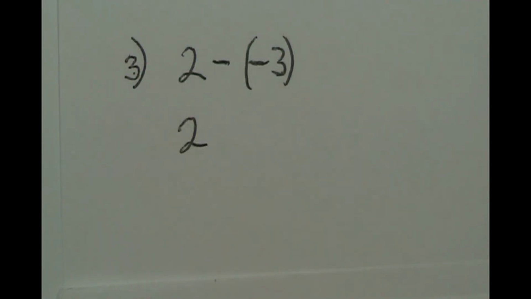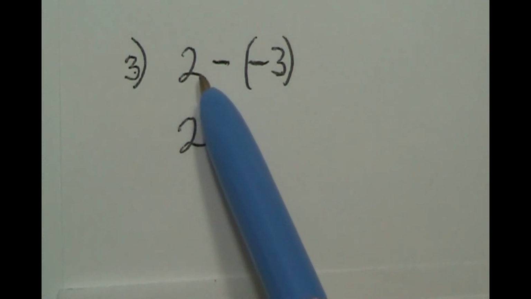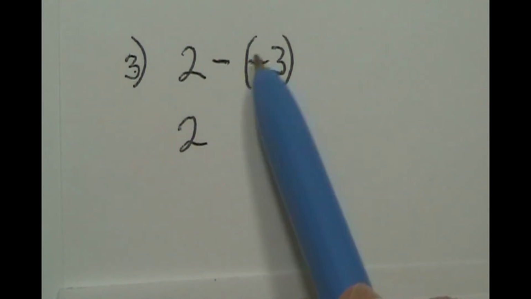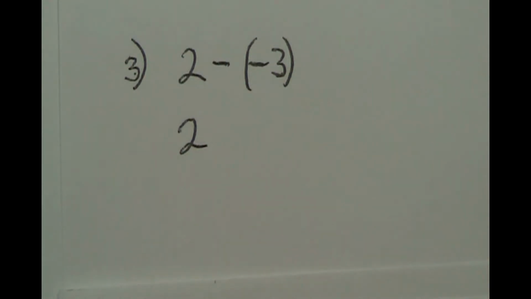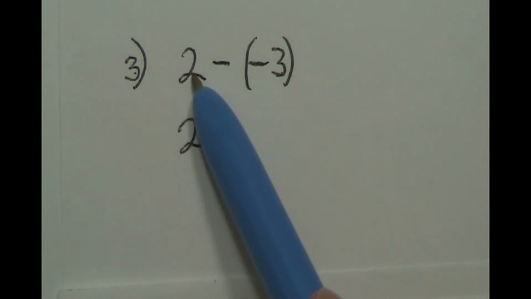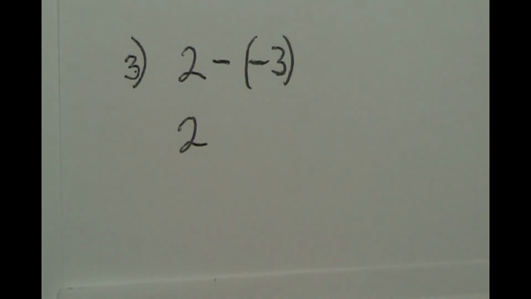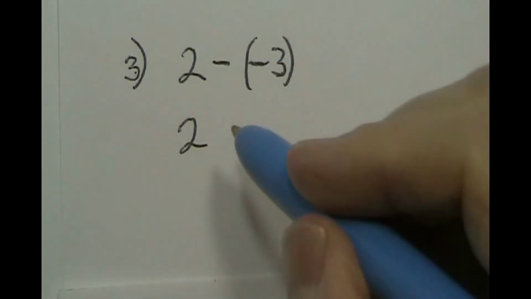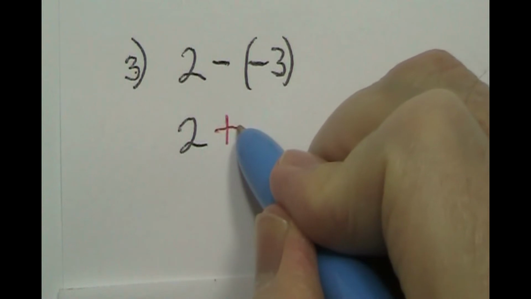Okay, here's our third problem. 2, positive 2. Take away -3. Take away 3 negatives. 2 minus -3. 2 take away 3 negatives. Okay, so you start off with 2. We're going to change this to an adding. We're going to add the opposite.